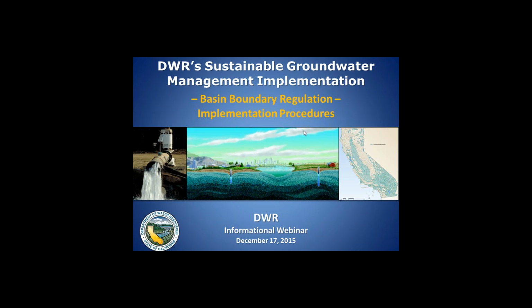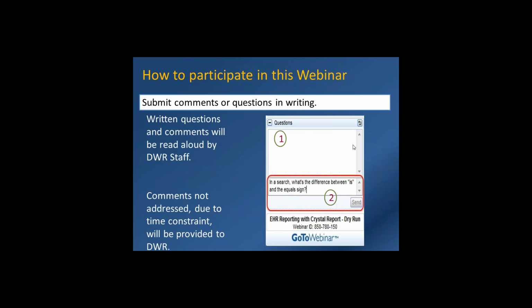So let's take a look at how you can submit questions on today's webinar. We're only taking comments in written form today. You can write your questions in the question box and send them.